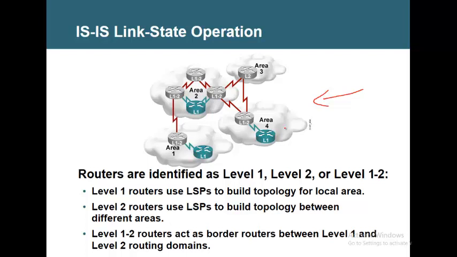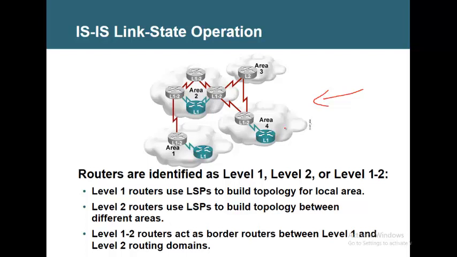Can you have a backbone without area 0 in OSPF? Not possible. You cannot have a backbone area without area 0 in OSPF. But you can make use of any area to act as a backbone in ISIS.